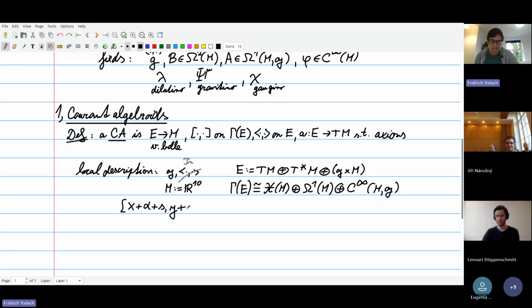Okay, so if you have a triple of a vector field, one form, and some Lie algebra valued function, then the formula is that you should again get a triple, and the first one, the vector field, will be this one. Let me write it. This thing will be beta minus i_y d alpha.